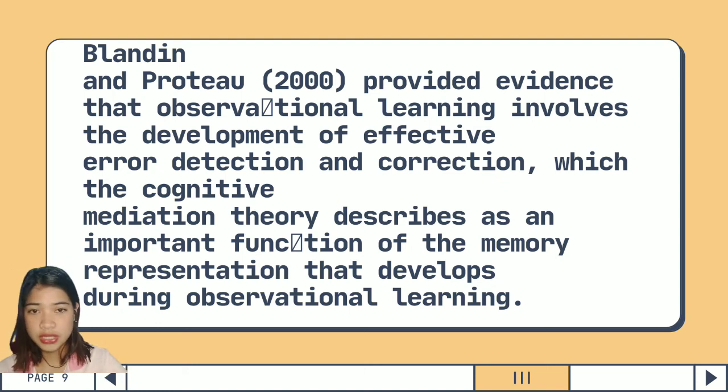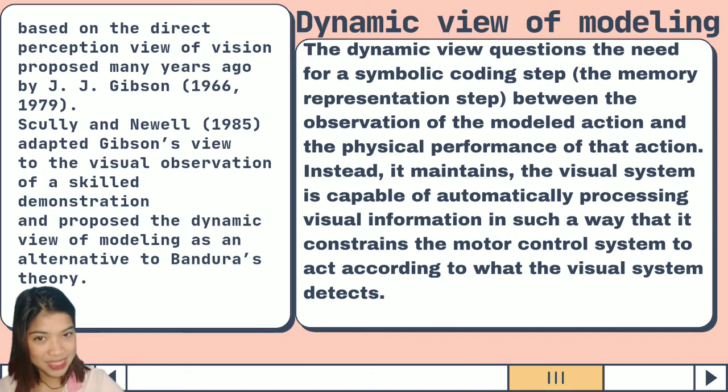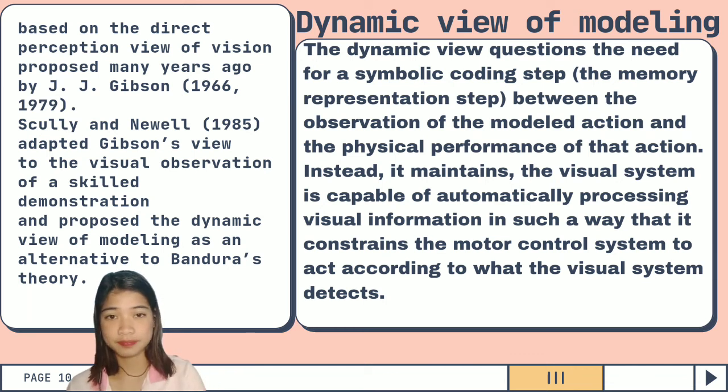And to answer how the observing of demonstrations influences learning, let's proceed to the second way of answering that question. We have here the dynamic view of modeling. The dynamic view of modeling is the second view, based on the direct perception view of vision proposed many years ago by J.J. Gibson, 1966, 1979.